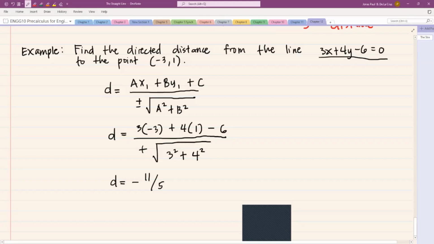Okay? The same side sila. Okay? So any questions?